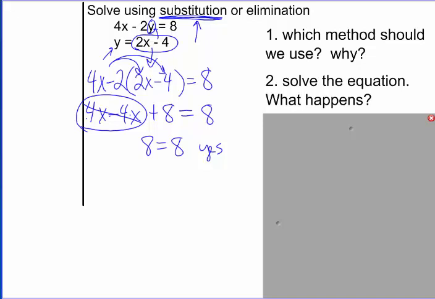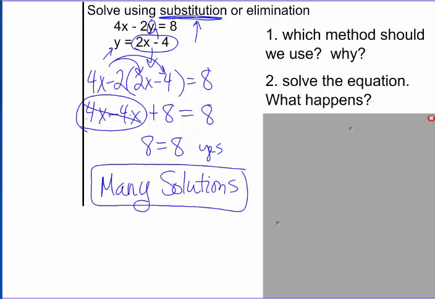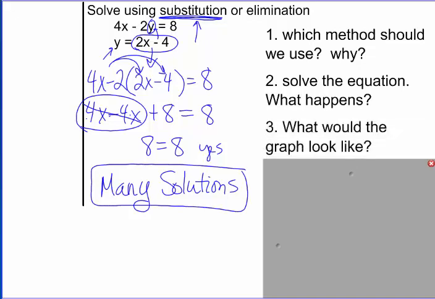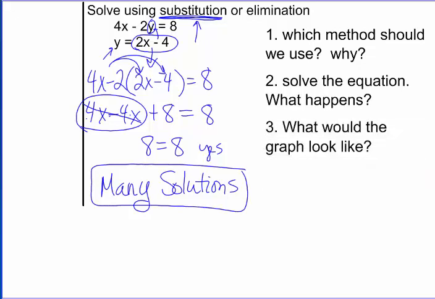So what kind of solution do you think we would have if we've lost all our variables and we have something that's always true? 8 is always going to equal 8. And that's an example of many solutions. So this is our many solutions example. What do you think the graph's going to look like? Remember back to our graphing lesson where we had some graphs that did give us many solutions as our answer. So what did those graphs look like?